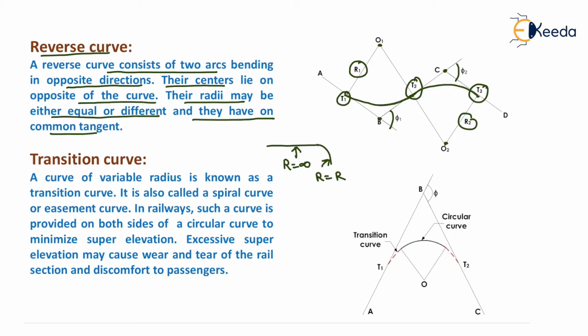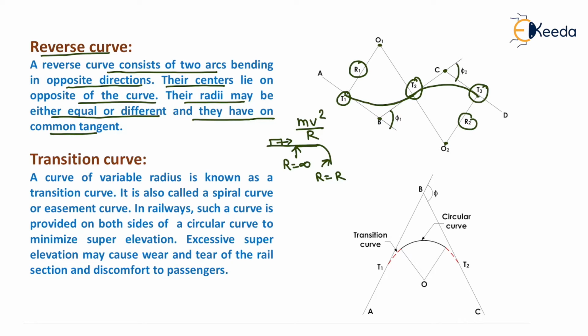Now we know that the centrifugal force will be equal to mv square by r. When the vehicle is moving along this straight road, the value of r is infinite, so the centrifugal force will be equal to 0 along this straight path.